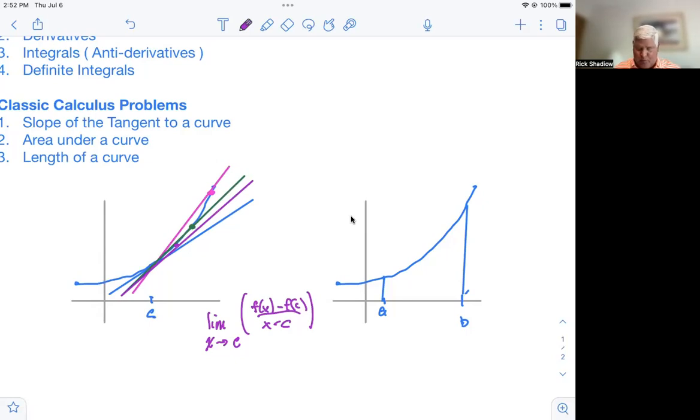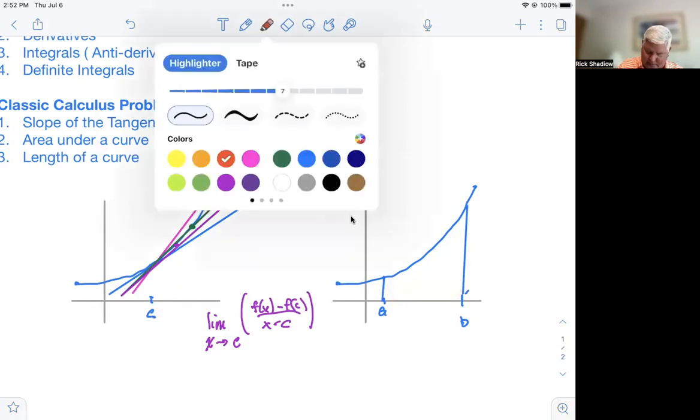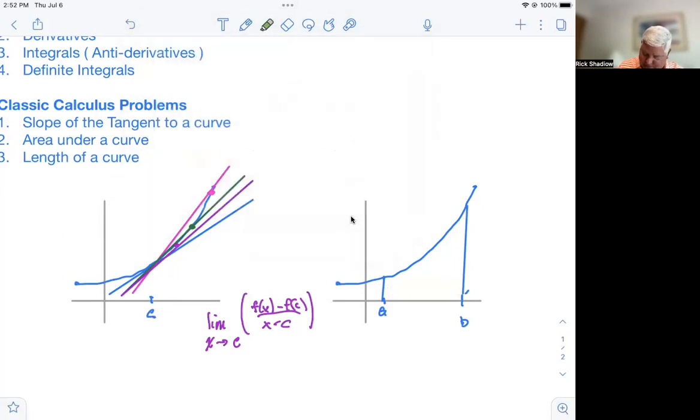So one way I might do that would be to think in terms of a rectangle from a over towards b, and the area of that rectangle would approximate the area of the curve. Not exactly, not a very good approximation probably. I could come up with better, for sure. That's obviously an underestimate.